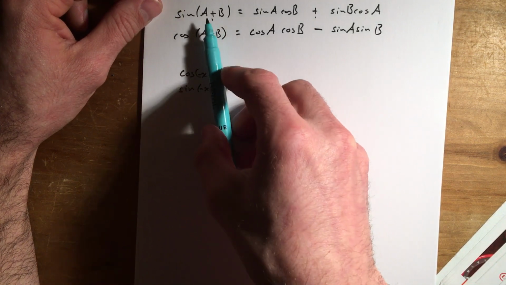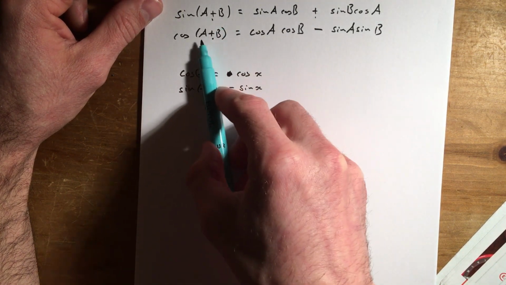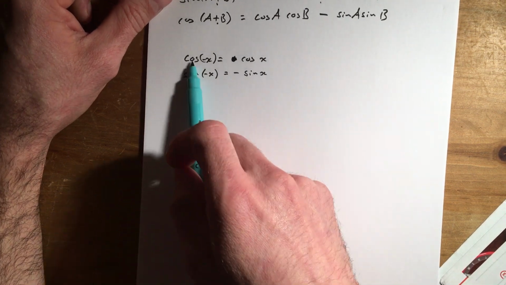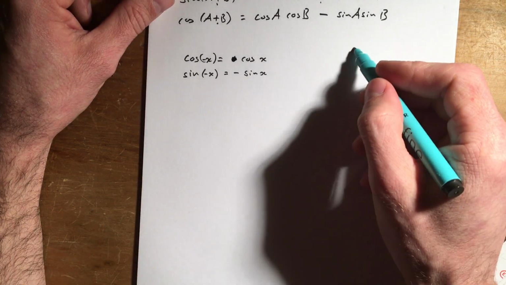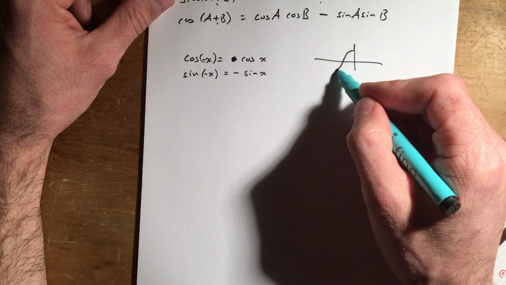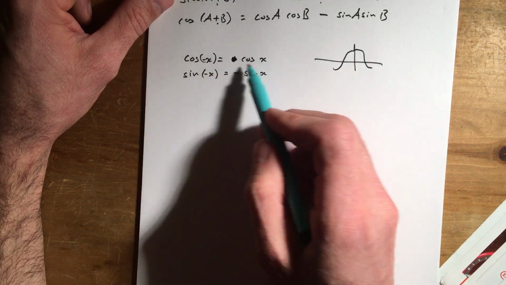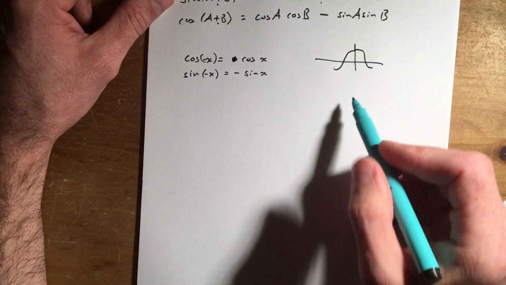Before we look at what happens when this is sine of A minus B and cos of A minus B, let's just remind ourselves of these facts. First of all, cos of minus x is the same as cos of x, and you can see that by thinking about a cos graph. Cos of minus x is what we get if we reflect the cos graph in the y-axis, and the graph looks the same.